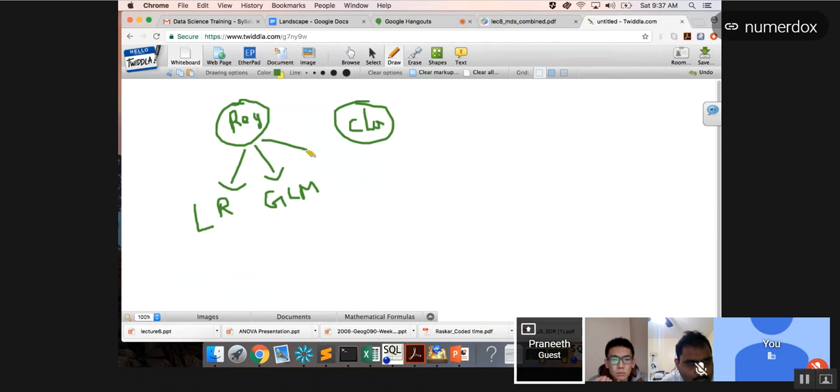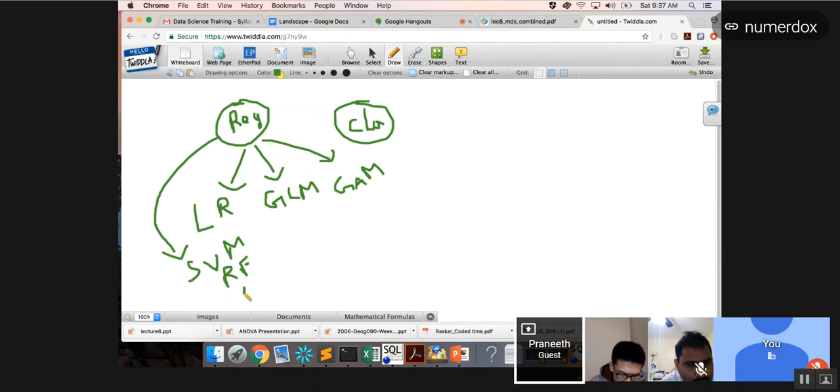There is GAM, generalized additive models. Then you have all the machine learning type techniques like SVM, random forest, neural networks, etc. I'm not listing this as another family.